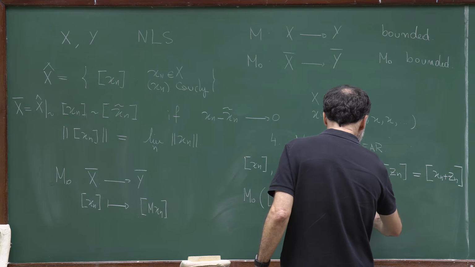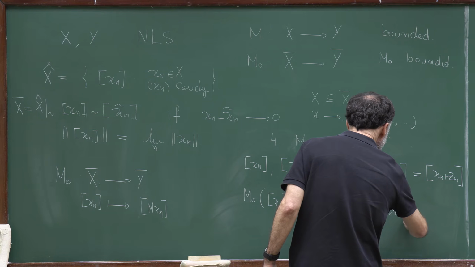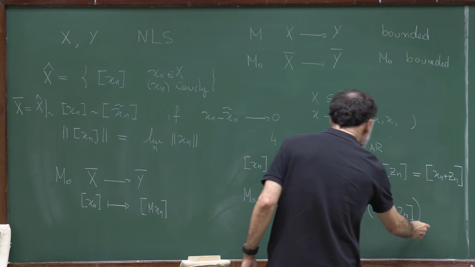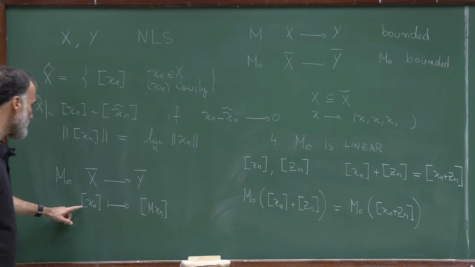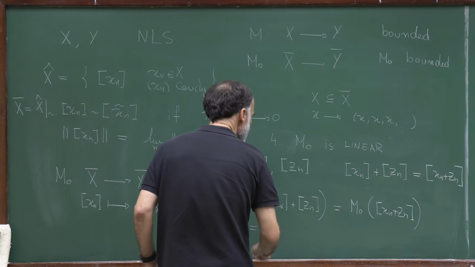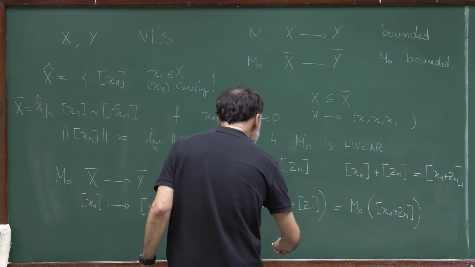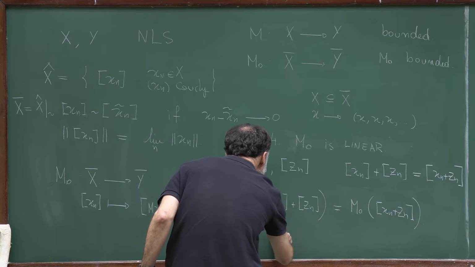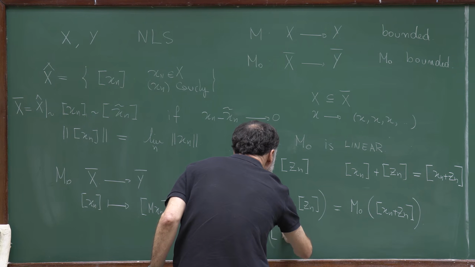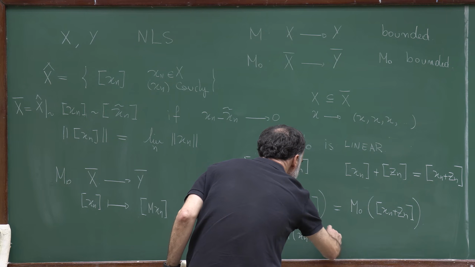So this is just a property of the completion. Now, by definition of M0, M0 of this equivalence class is equal to the equivalence class of M of x_n plus z_n.